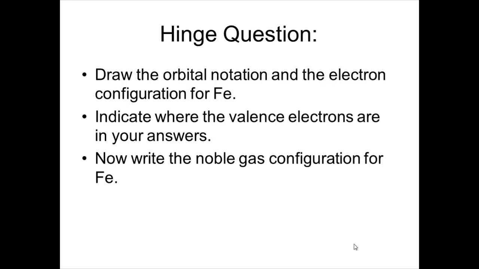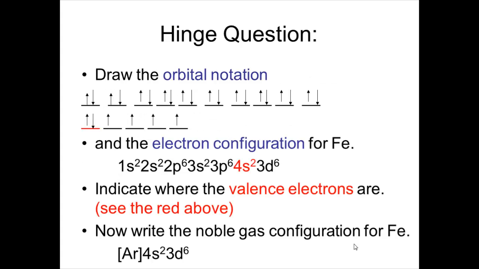The electron configuration is the 1s2, 2s2, 2p6 format. See if you can figure out where the valence electrons are for iron, and then see if you can write the noble gas configuration. That's the one that I just showed you, where you write the noble gas that comes before the element in the brackets. And I'm going to give you about 5 minutes to work on that.